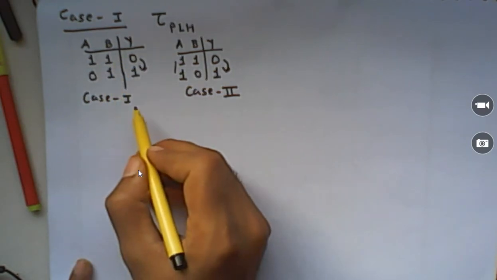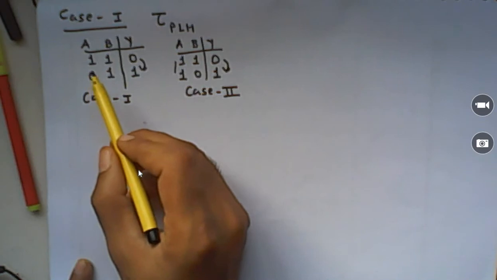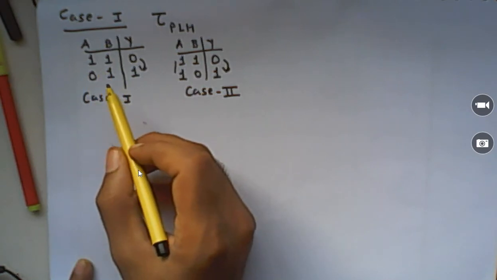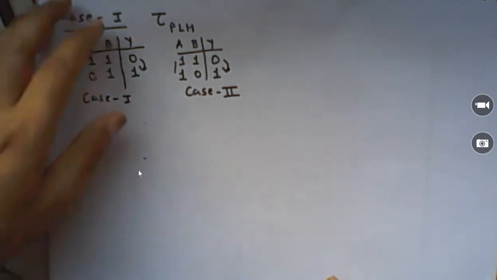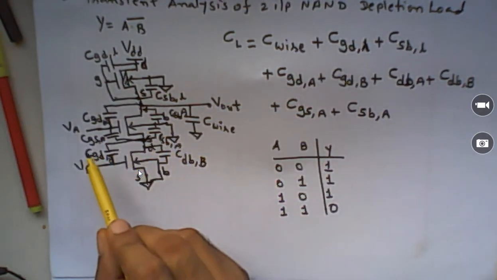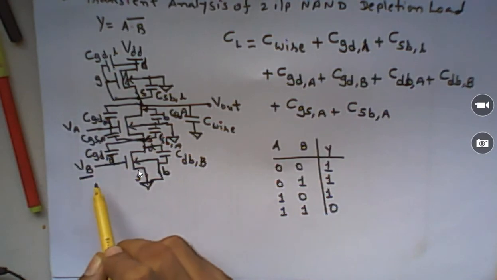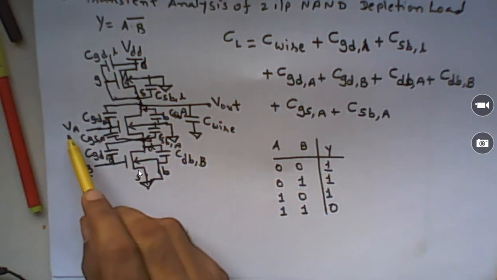propagation delay depends on the capacitance between the output node and ground. So if you look at the structure of the NAND gate in case 1, VB is not going to change, it is constant, and VA is going to change.